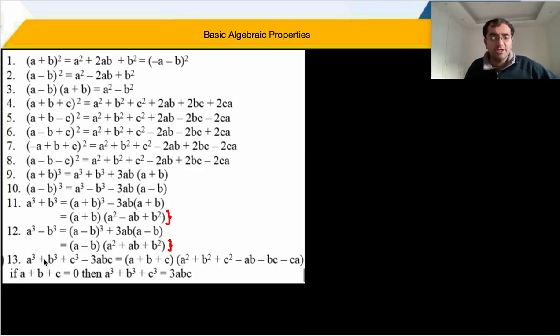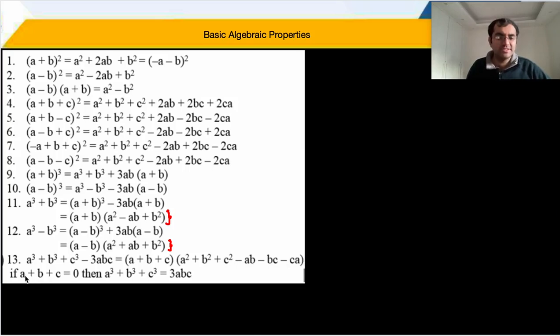Finally, another very large property, ये छोटे छोटे questions में ही generally use हुआ है, but yes, it has been used. A cube plus b cube plus c cube minus 3abc, this is equal to this big expansion, a plus b plus c into a square plus b square plus c square minus ab minus bc minus ca.